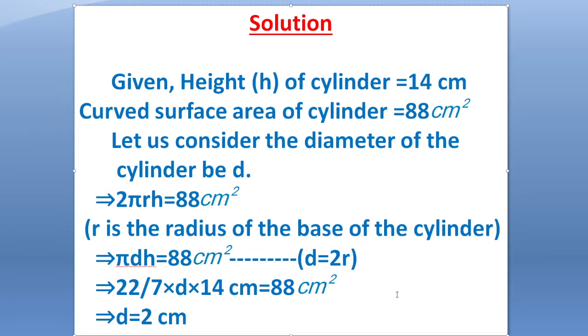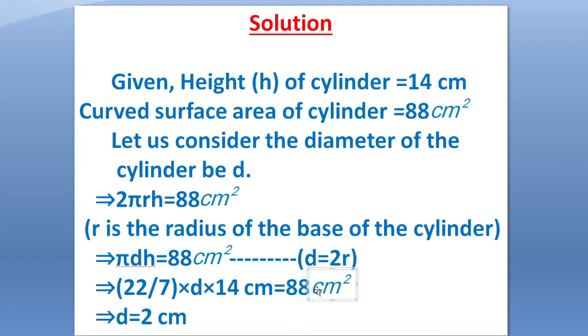So pi is 22 by 7, into d, into h is 14, is equal to 88 centimeter square, and therefore we have d is equal to 2 centimeter. So the diameter of the cylinder is 2 centimeter.